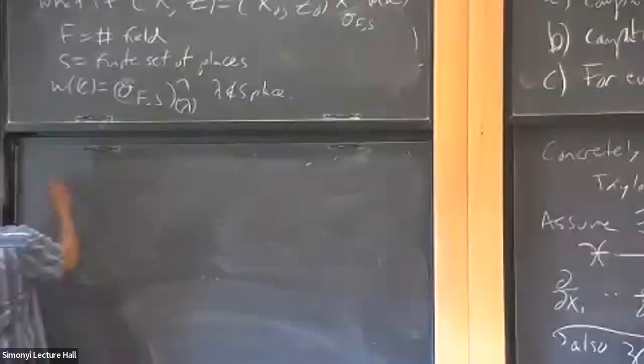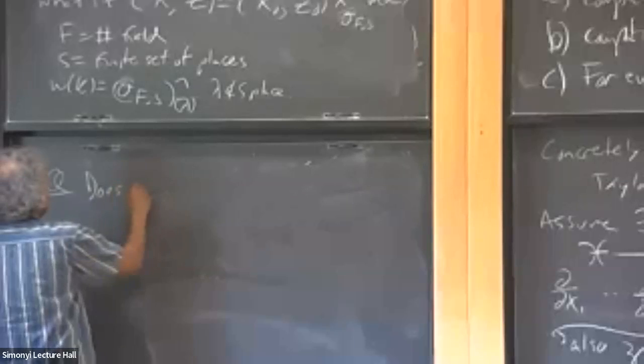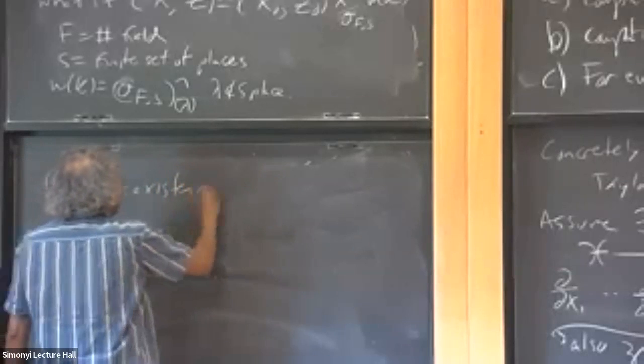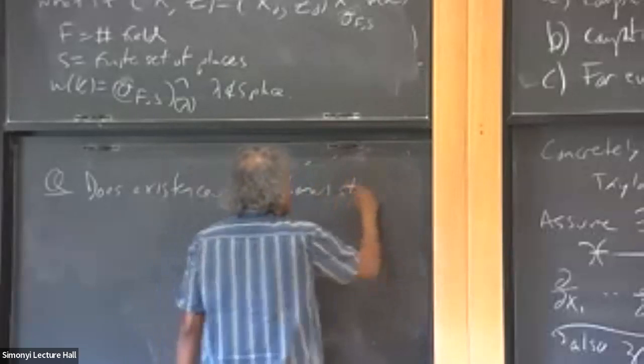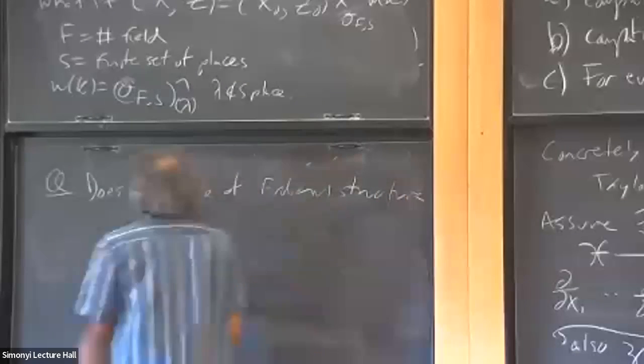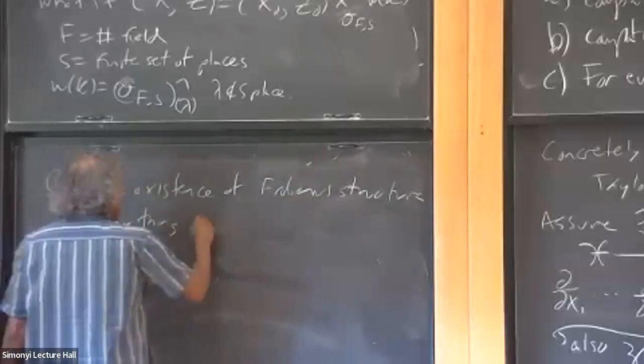Then you can ask, and I have no idea, does the existence of a Frobenius structure say anything about geometric origin?